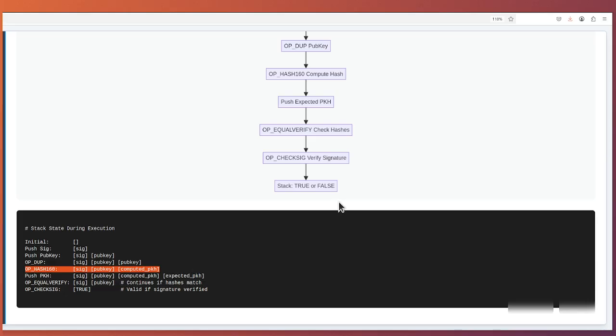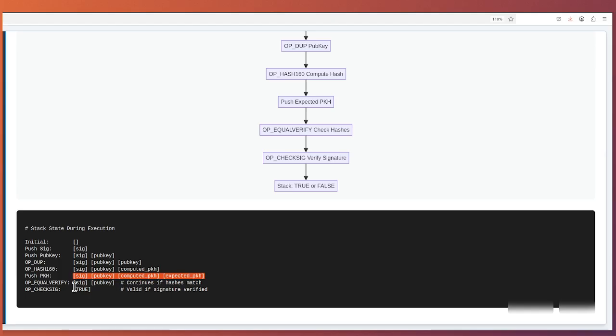The ScriptPubKey then pushes the expected public key hash onto the stack, the one that was included in the locking script when this output was created. Now we have four items on the stack: signature, public key, computed hash, and expected hash. The OP_EQUALVERIFY opcode pops the top two items, the computed hash and expected hash, and compares them.